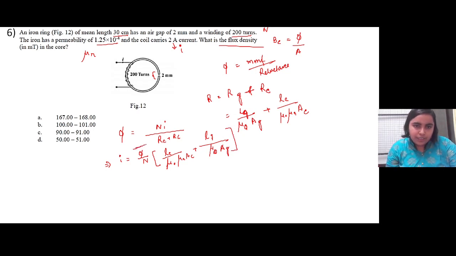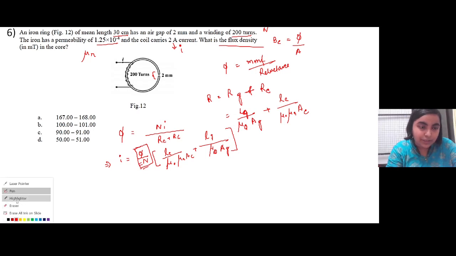So you have to find this quantity. Sorry, it has to be divided by the area, not radius.